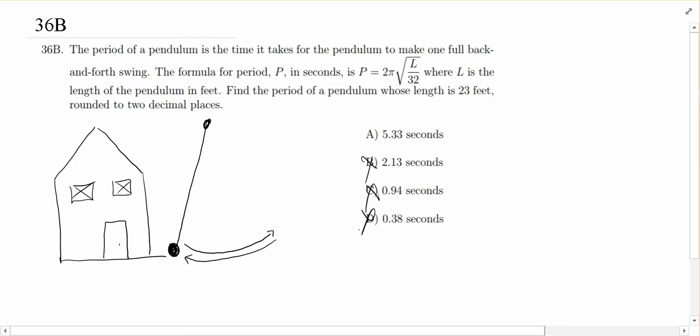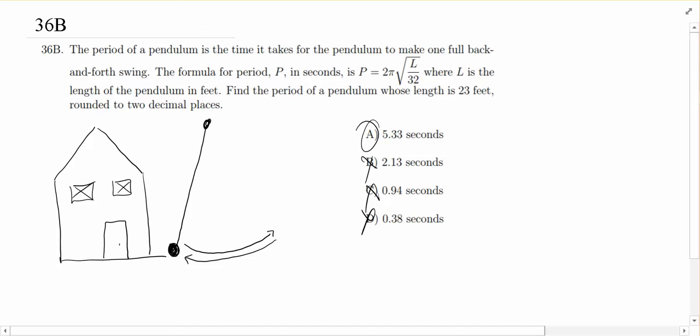The only reasonable answer up here is the 5 seconds when you actually start counting 1 Mississippi, 2 Mississippi, 3 Mississippi, 4 Mississippi, 5 Mississippi. If you picture a pendulum at the peak of that house going back and forth, that's the only reasonable answer up there.